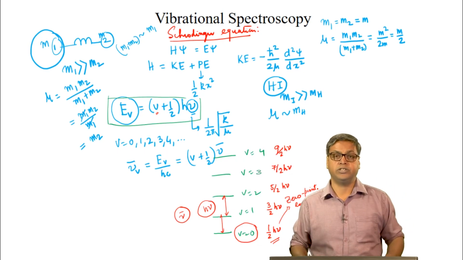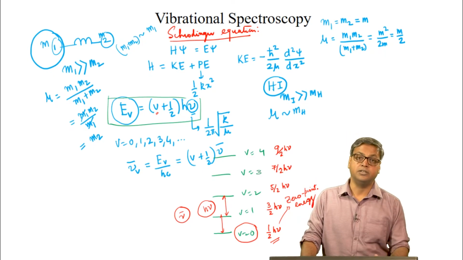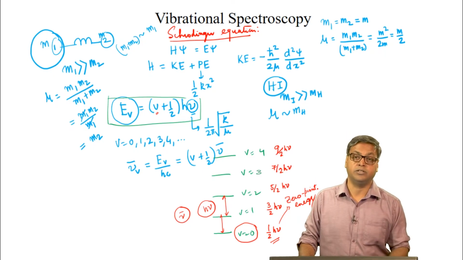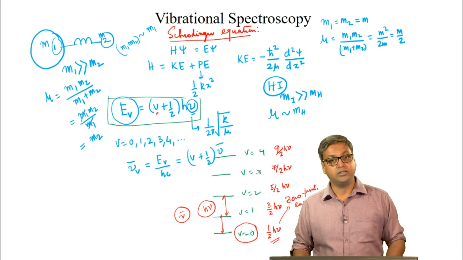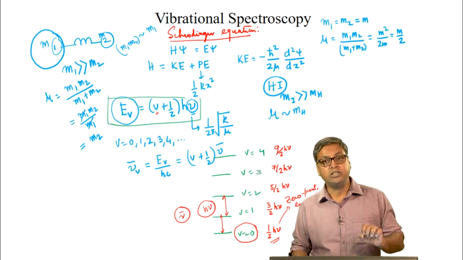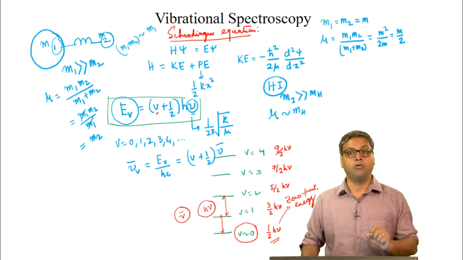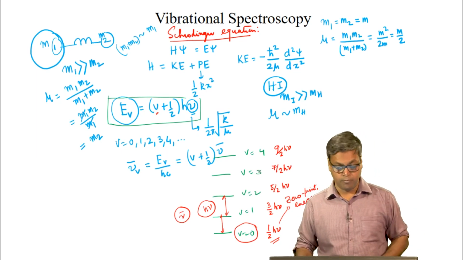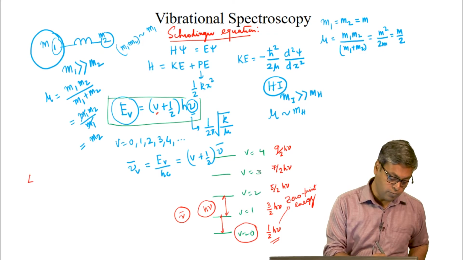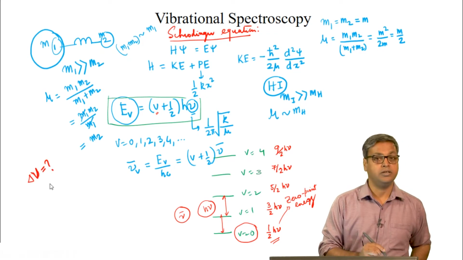We have to ask the question, between which levels can the transition take place? In other words, what change in vibrational quantum number is allowed for a vibrational spectrum, or in other words, what is the allowed value for delta V.